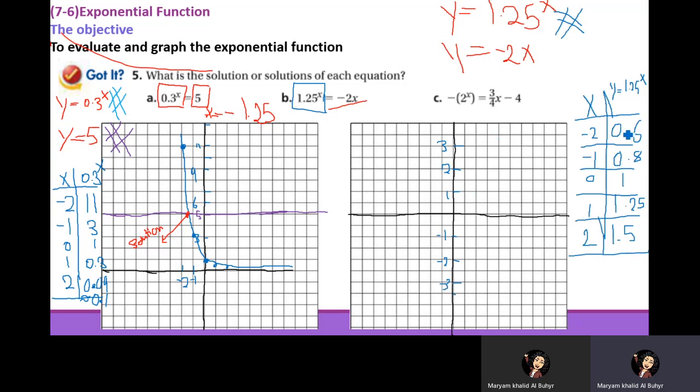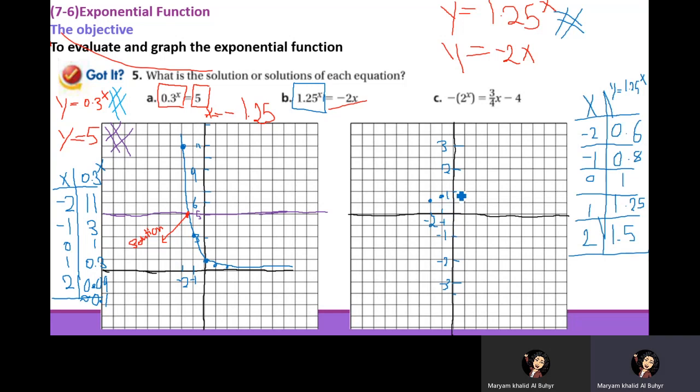Let me graph this. Once I have -2, it is 0.6, which is, here is 0.5, right? Just more than this one, just a little bit. That is -2. Once you have -1, it will be 0.8, just less than 1, just a little bit.